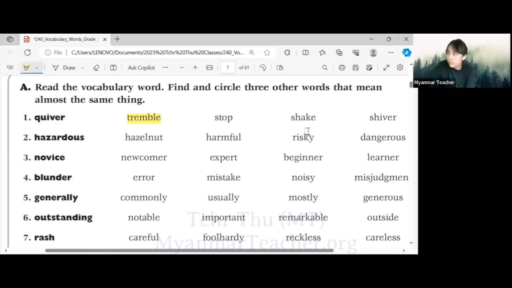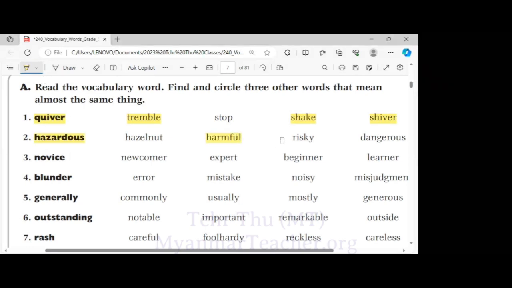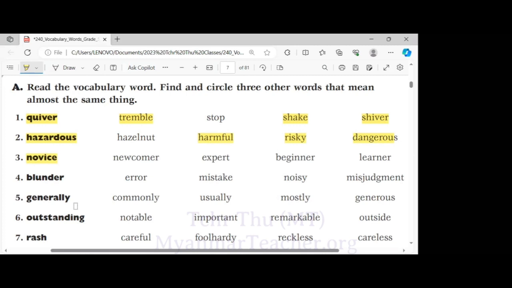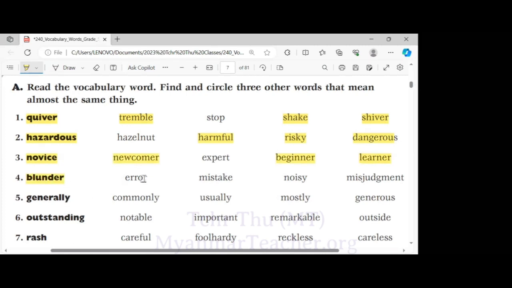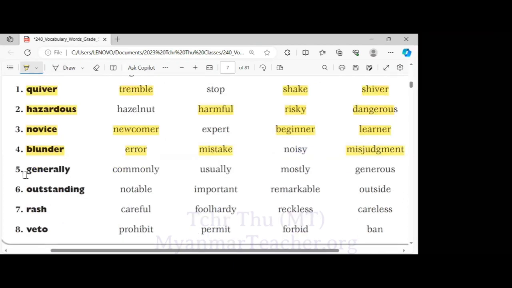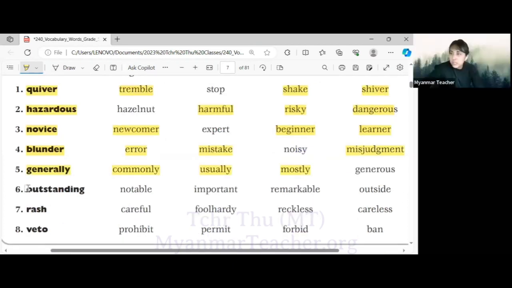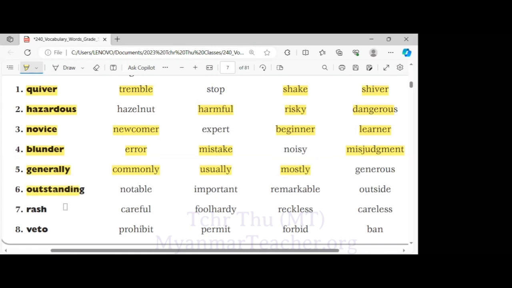Hazardous: harmful, risky, dangerous. Novice: newcomer, beginner, learner. Blunder: error, mistake, misjudgment. Generally: commonly, usually, mostly. Outstanding: notable, important, remarkable. Rash: foolhardy, reckless, careless. Veto: prohibit, forbid, and ban.